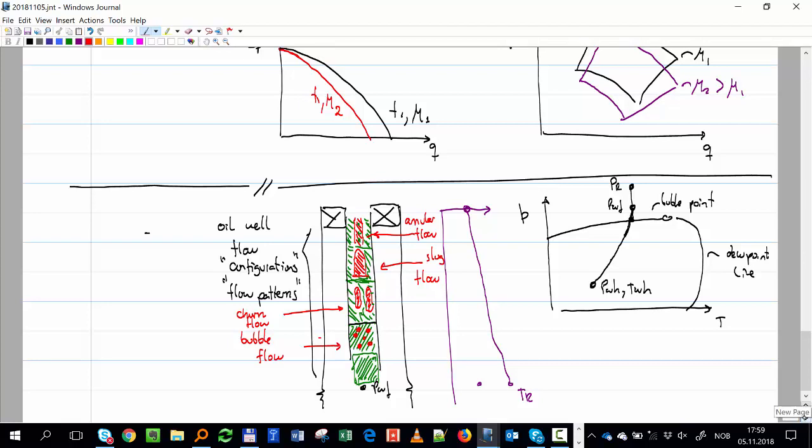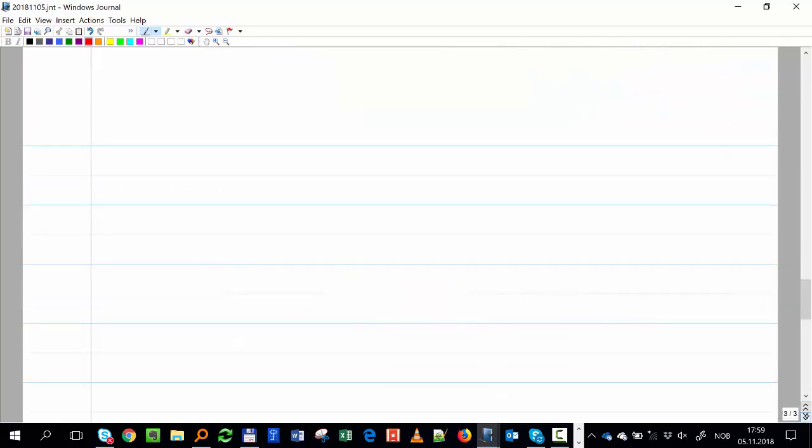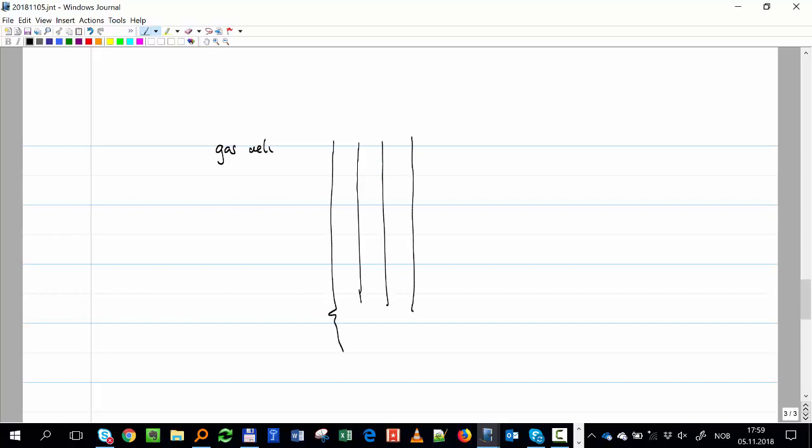Now, should we try to do the gas one? If we do a gas one, we have to make our well once more. How does the envelope look for gas?